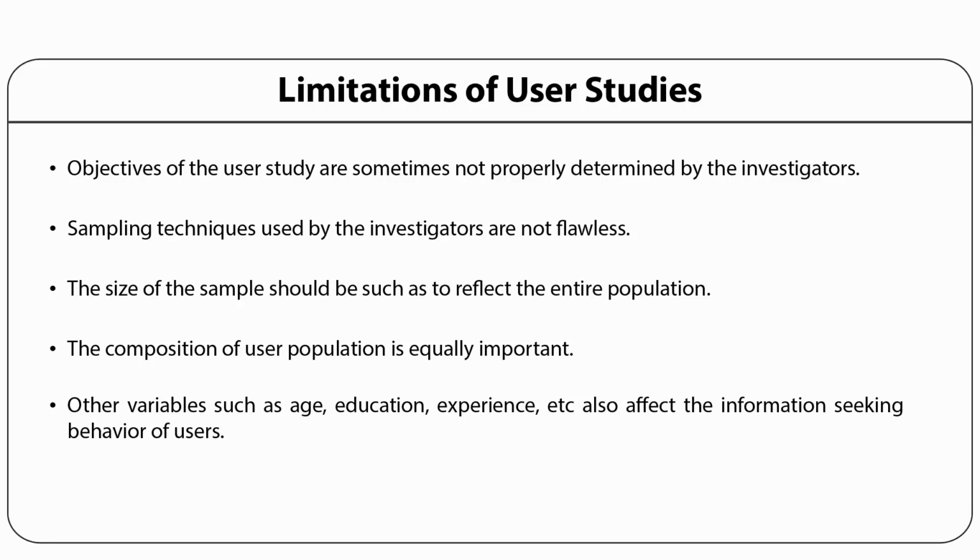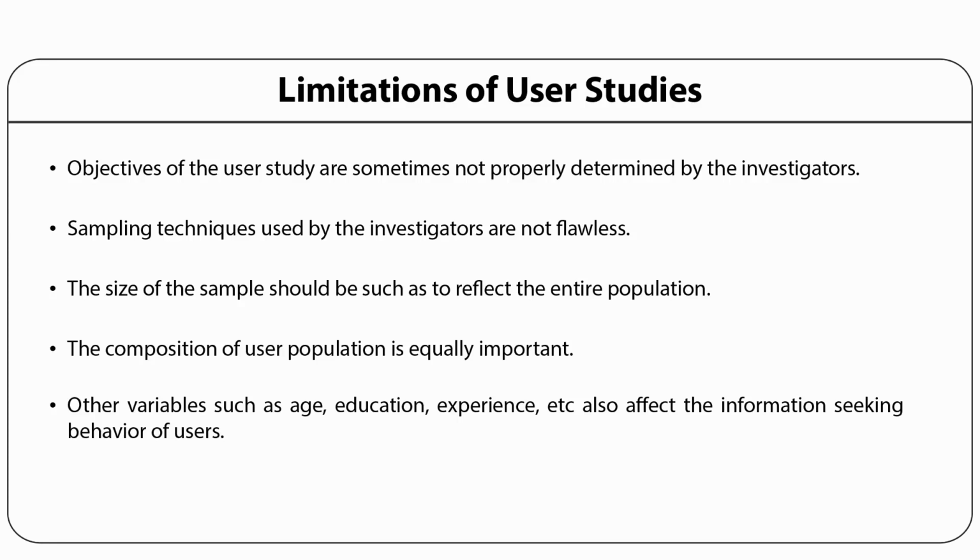Experience of the users also affects their information seeking behavior. Their behavior in the library while looking for information on a particular topic or problem changes according to their educational level, socio-economic background, their experiences in life, and so on.